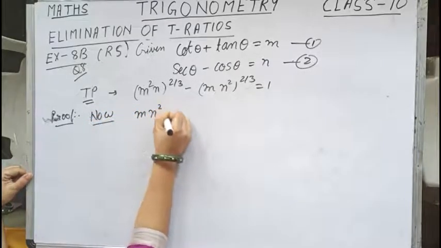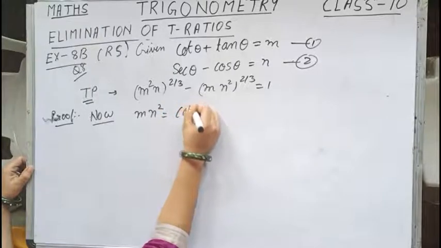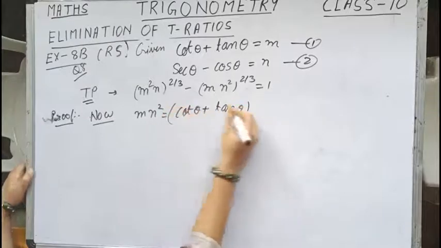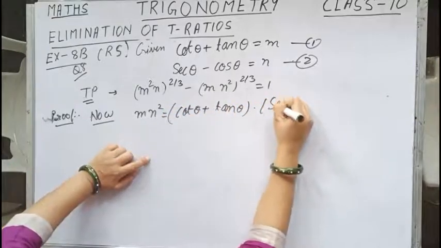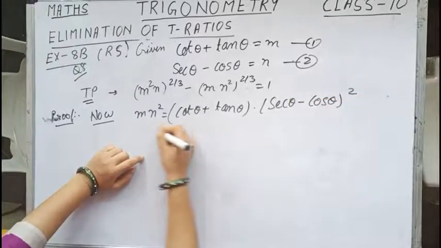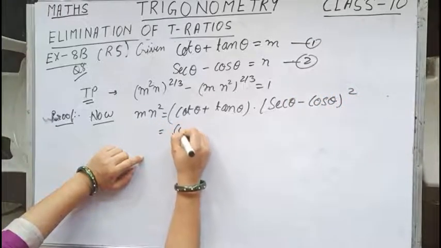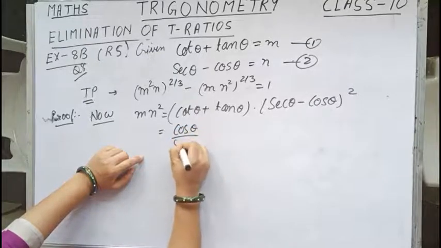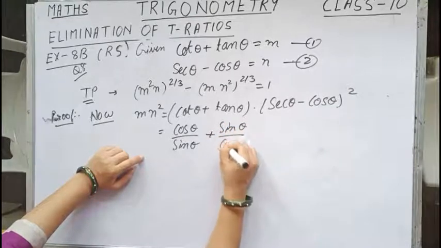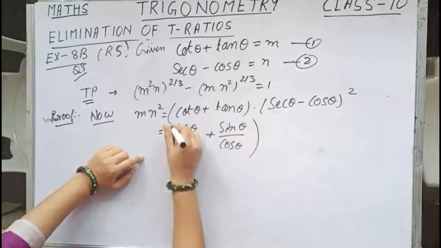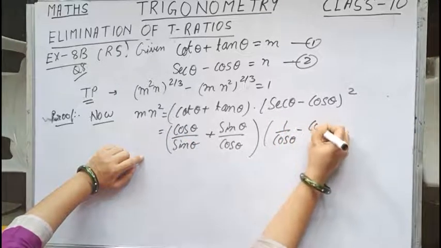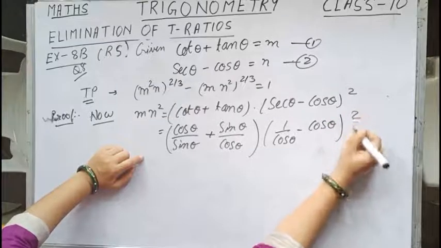mn square equals cot theta plus tan theta into (sec theta minus cos theta) whole square. Again changing to sin and cos ratio: (cos theta by sin theta plus sin theta by cos theta), and over here (1 by cos theta minus cos theta), and this one is whole square.